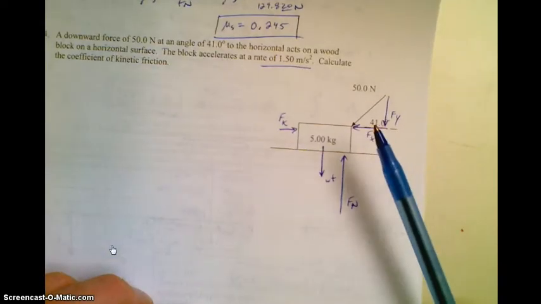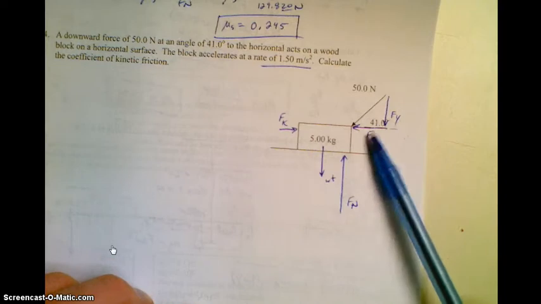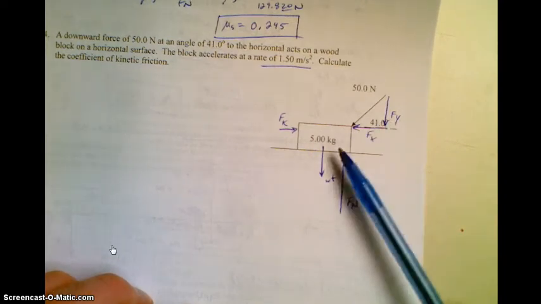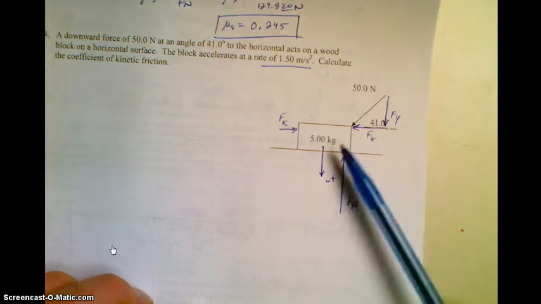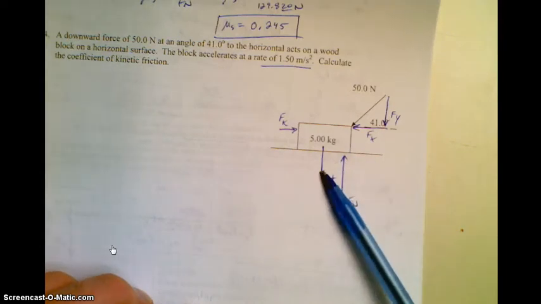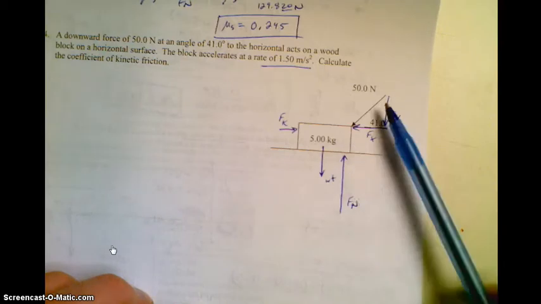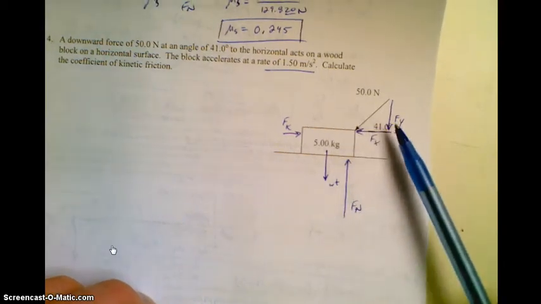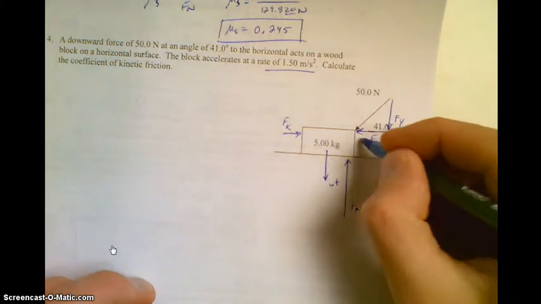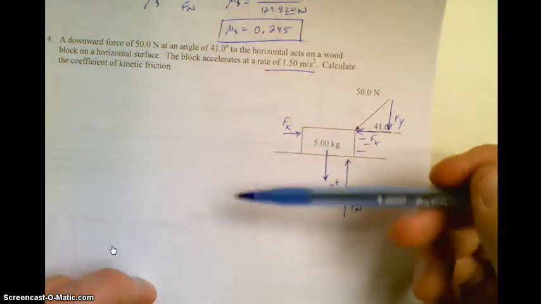Okay, here's what I got. I broke this force into its vectors, so Fx and Fy, and then I have the weight. And since we're pushing down, the normal force is going to be bigger than the weight. It's actually going to be the weight plus Fy should balance that. And now since I'm pushing in this direction, I am going to accelerate in this direction, so you can put little swishy lines to show that it's going to be moving here.